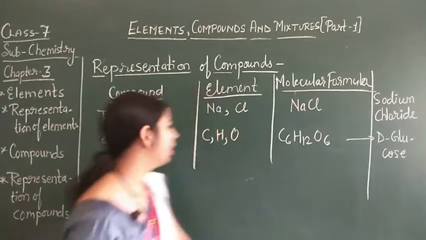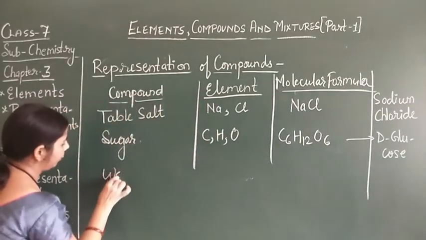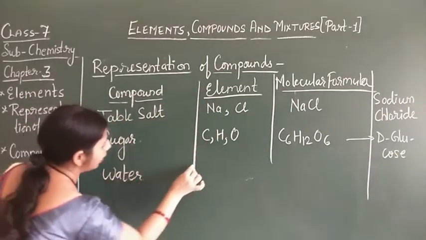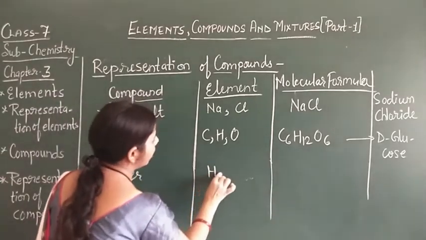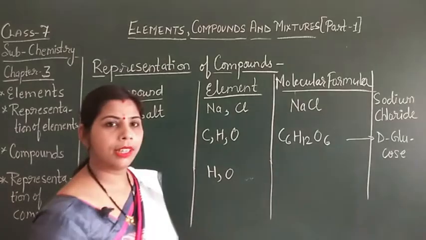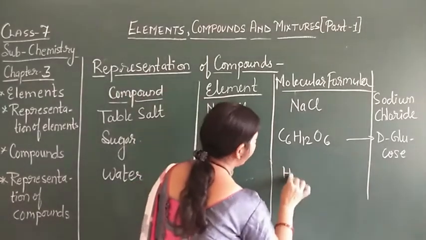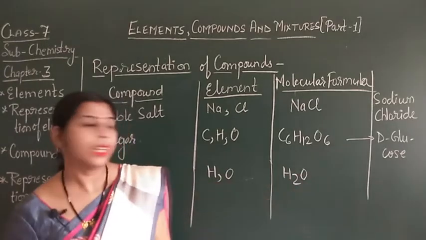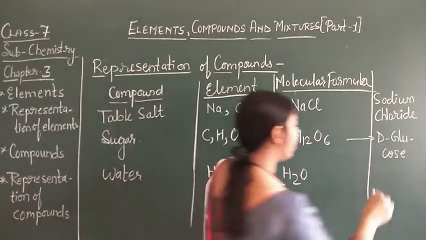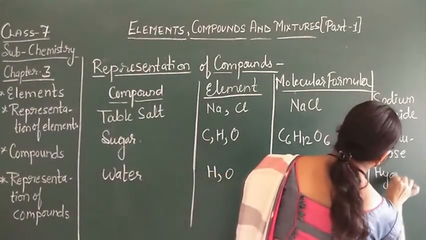Let's see another example, water, which is very necessary for us. For water, the elements are hydrogen and oxygen, and the molecular formula is H2O. And what is the name of this? That is hydrogen oxide.